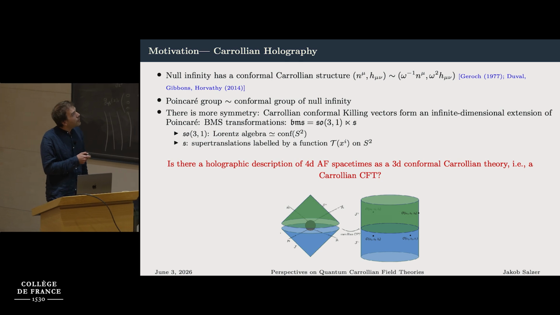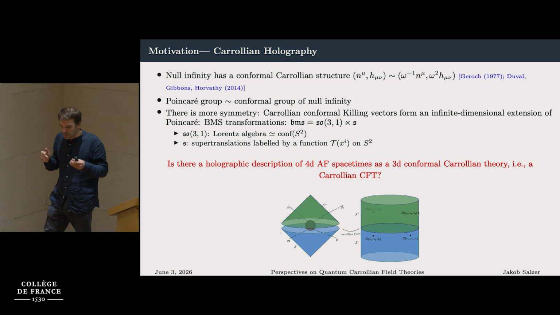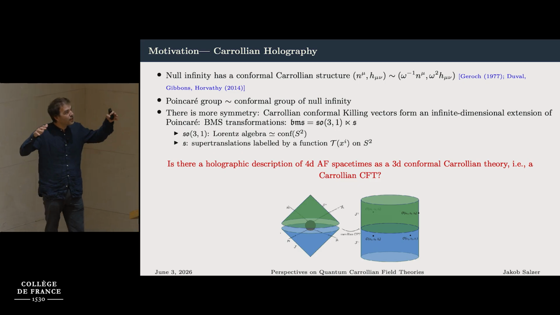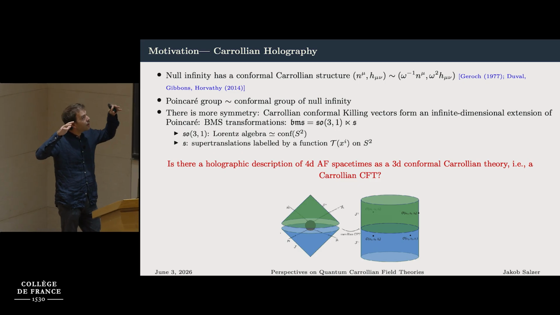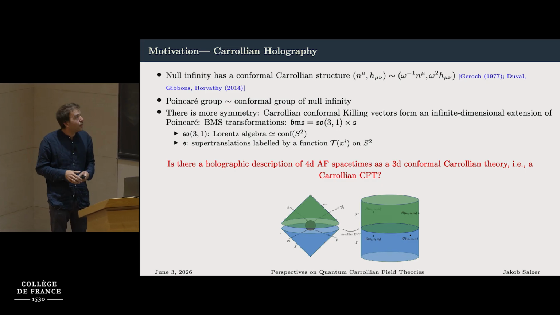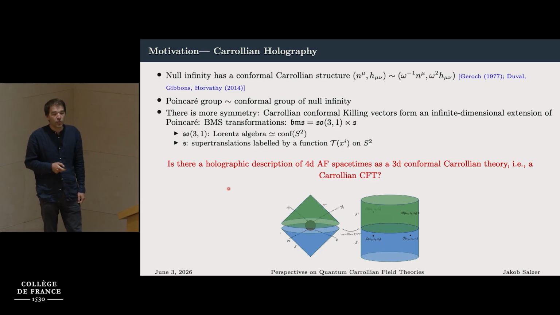And we know the Poincare group acts, so of course, the Poincare group is a symmetry group of Minkowski space. Close to the boundary, you have an action of the Poincare group on null infinity. So you can regard the Poincare group as the conformal group of null infinity.